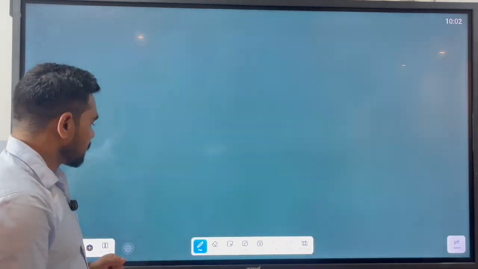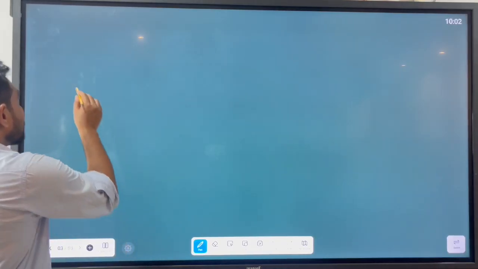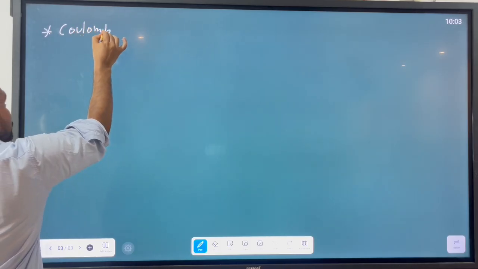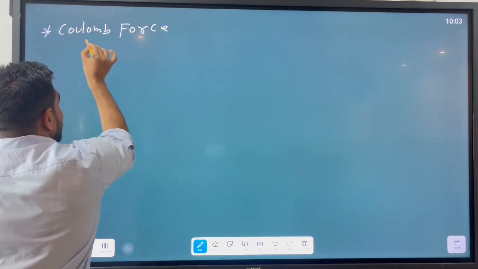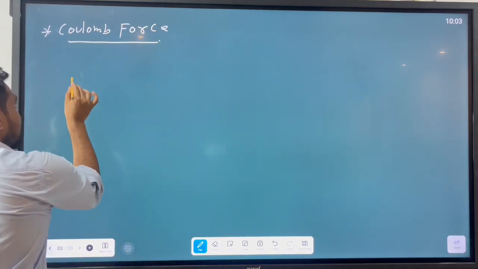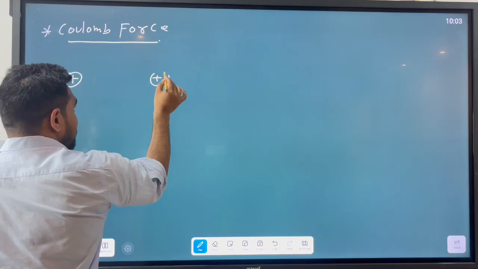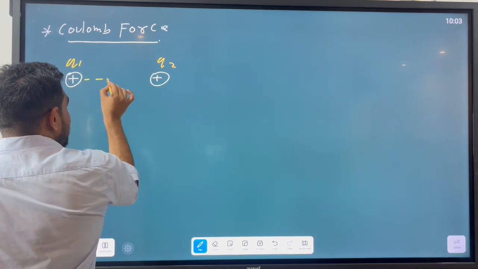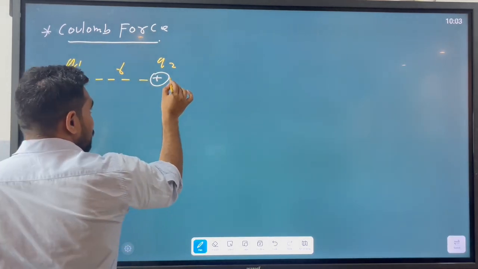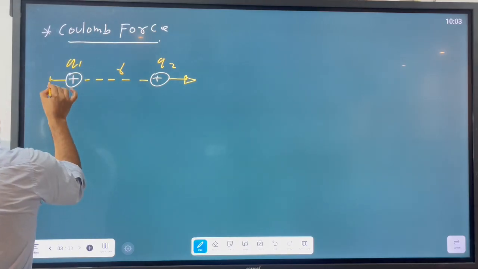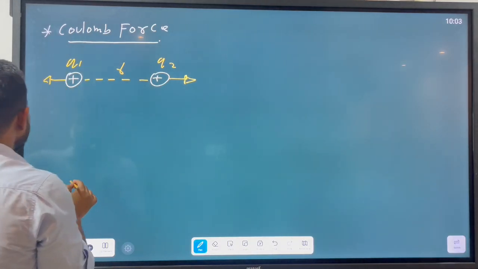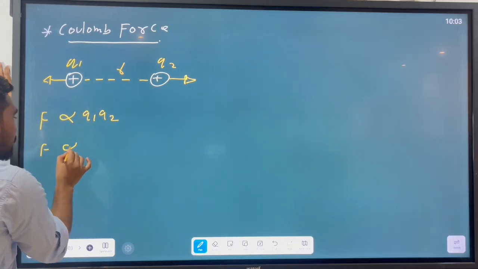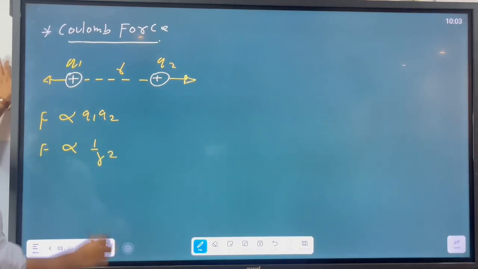Next topic for discussion is Coulomb force. Suppose this is a positive charge Q1 and this is a positive charge Q2, with separation distance r. In this situation both charges repel each other because both are positive. Coulomb force is directly proportional to the product of both charges and inversely proportional to the square of the separation distance.